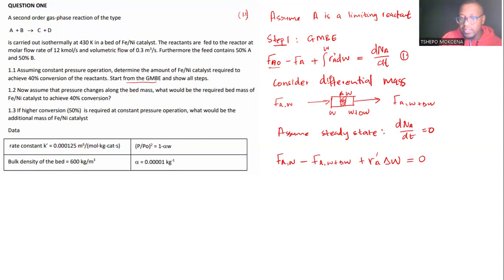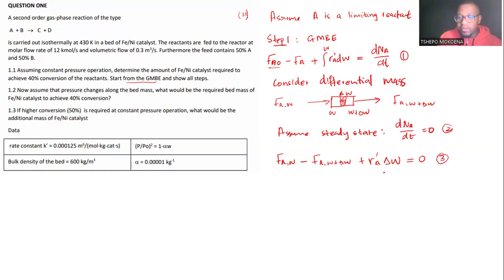Okay, so this is still the general mole balance equation in terms of differential mass within our packed reactor. So I will call this equation number 2, since we have established that this will be equation number 1, and I will call this equation number 3.